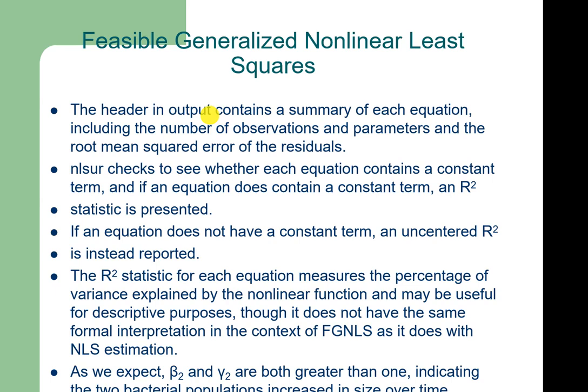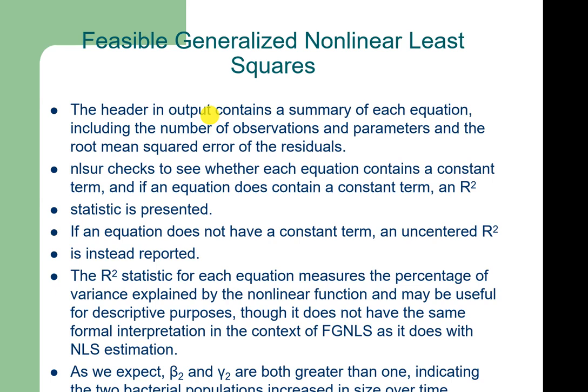If an equation does contain a constant term, an R squared statistic is presented. If an equation doesn't have a constant term, an uncentered R squared is instead reported. As we saw in our model, there was an uncentered R squared that was reported in the header.